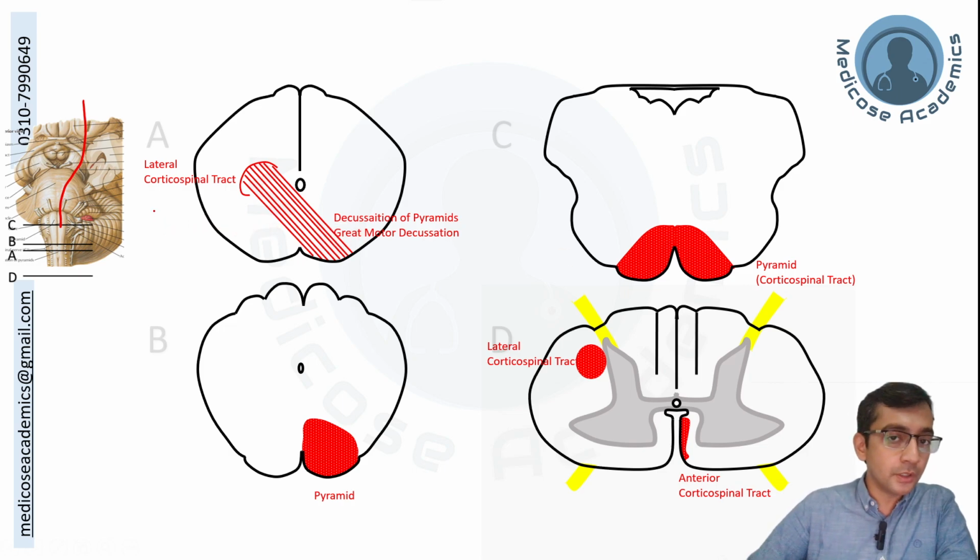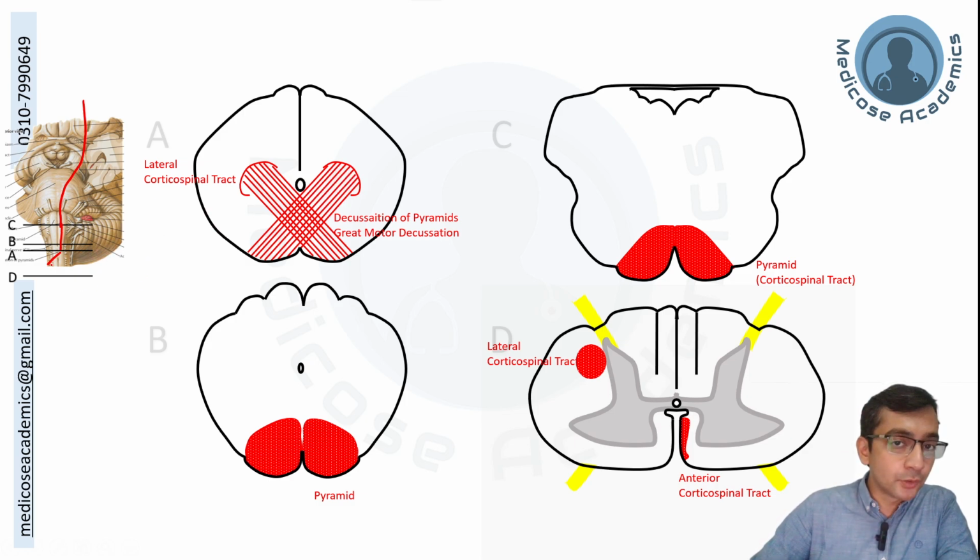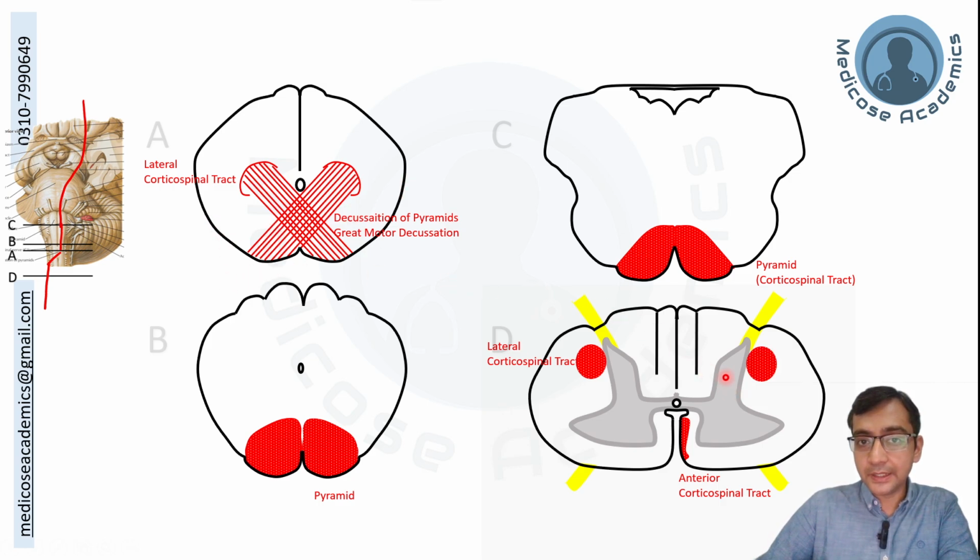As it moves down, it still remains anterior, as shown in this picture, and then at the level of point A it crosses the midline and goes to the lateral aspect. Then from the lateral aspect it goes down, and it will make the lateral corticospinal tract.